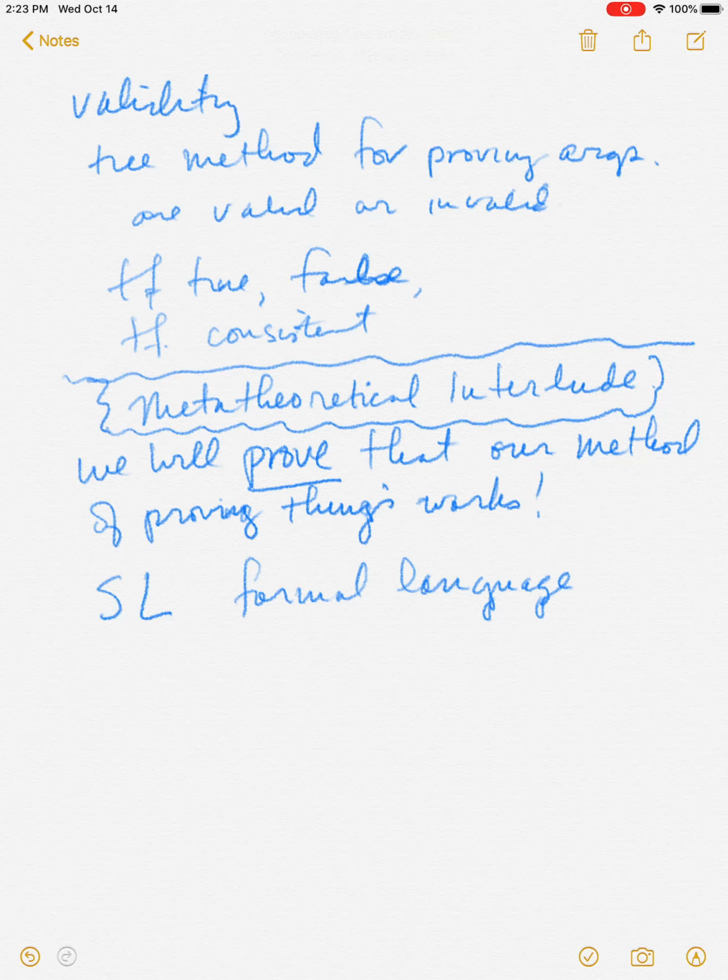And validity is the rigorous standard that we've come up with. So truth functional validity is the rigorous standard that we've come up with against which we measure arguments.